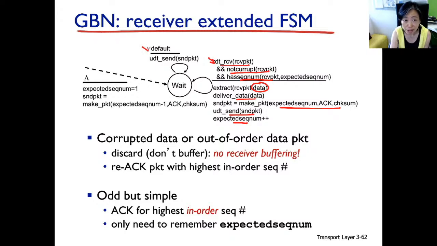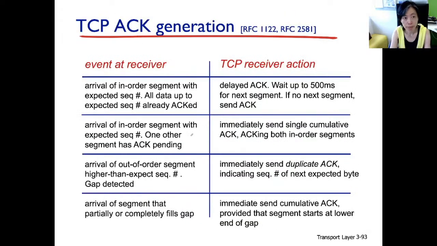All the rest, what the Go-Back-N receiver does is just send back the same ACK that has been generated previously. And back to TCP's receiver. So the first two events in TCP's receiver are these. Let's read through it a little bit. Arrival of in-order segment with the expected sequence number.